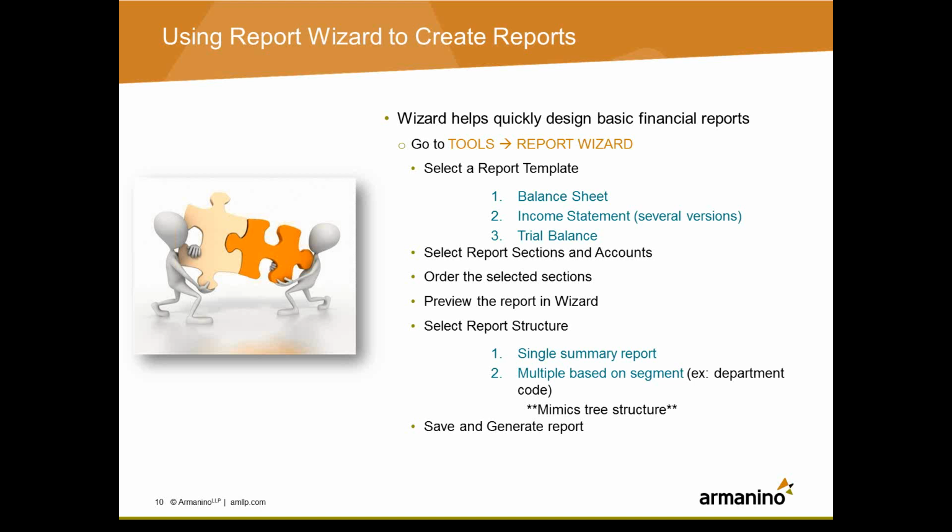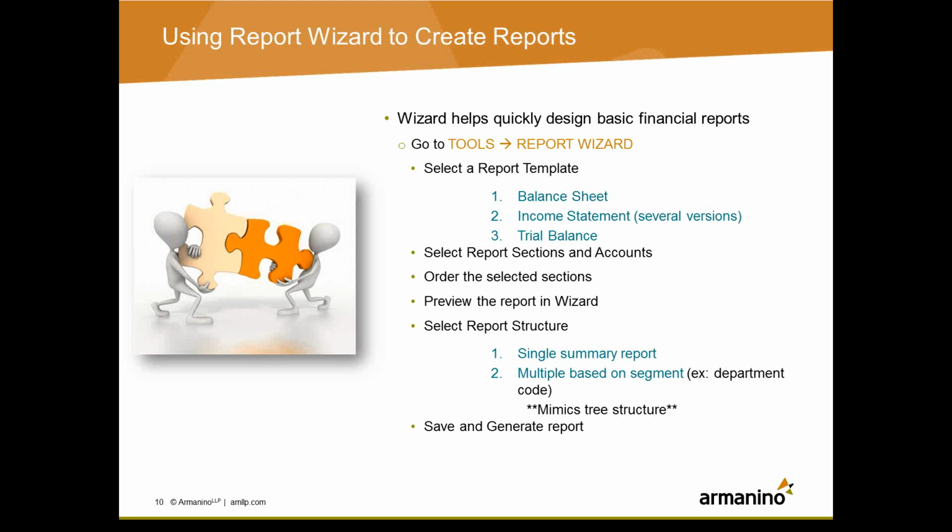So report structure means that you're just doing the consolidated summary report. This is not broken down by other segments. So if you have a segment that's by department and you want to have a multi-tiered structure for your report, you would want to select the multiple based on segment. So it's similar to having a tree structure because it's going to have the summary report, but it'll also have one report per, let's say, department code segment.